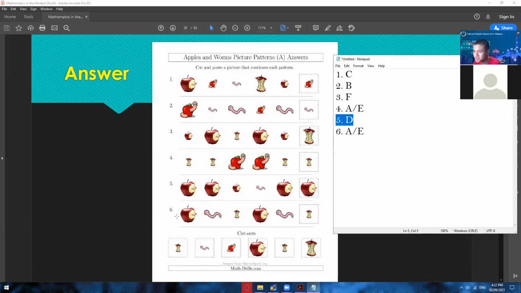Anyway, so that is just a short activity wherein we are trying to consider the shape, the pattern, wherein we have the pattern of number, size, and I guess color is not that much since most of them are red. But yeah, the size and then the shape of this one.